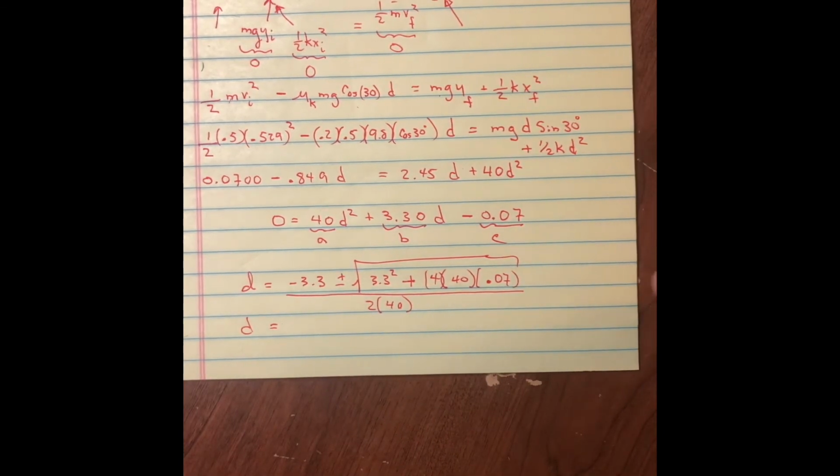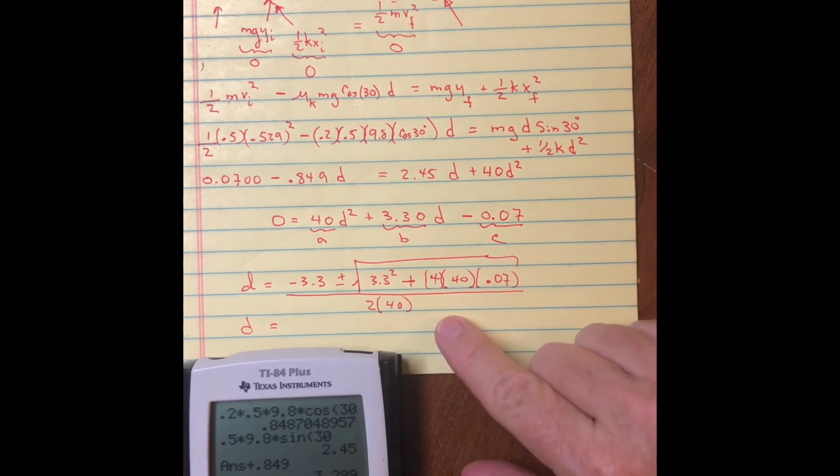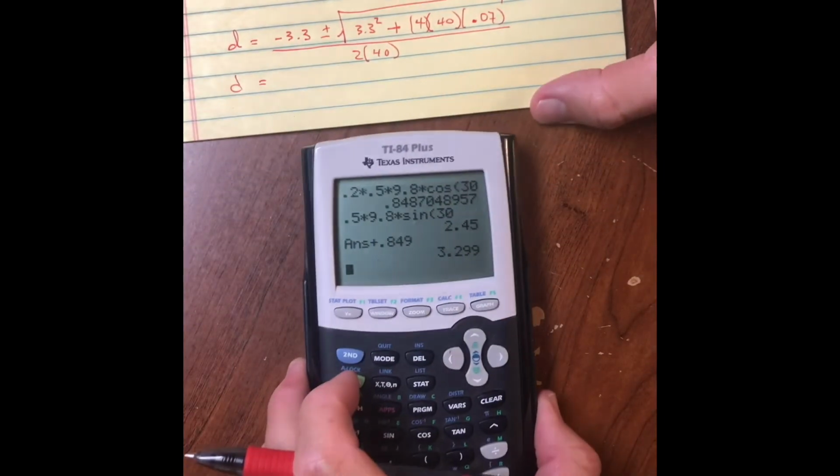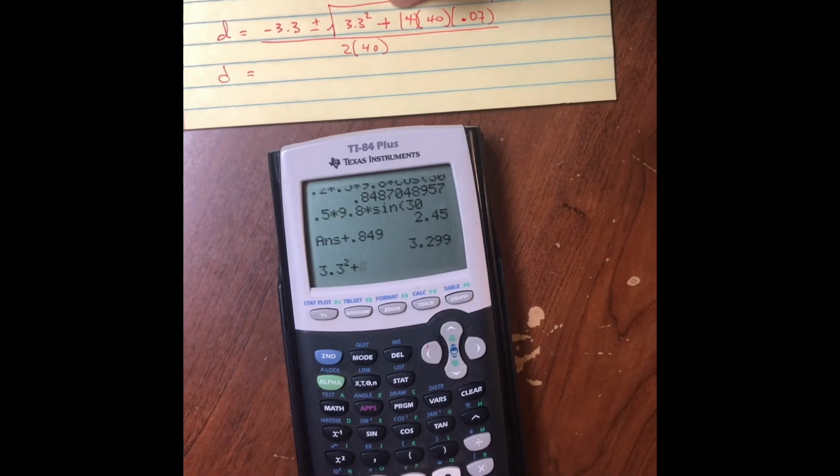Okay, now, I would notice that there's a plus or a minus. Let's talk about that, but just to have something to work with here, let's do this little square root. So 3.3 squared plus 4 times 40 times 0.07, and then the square root of all that.